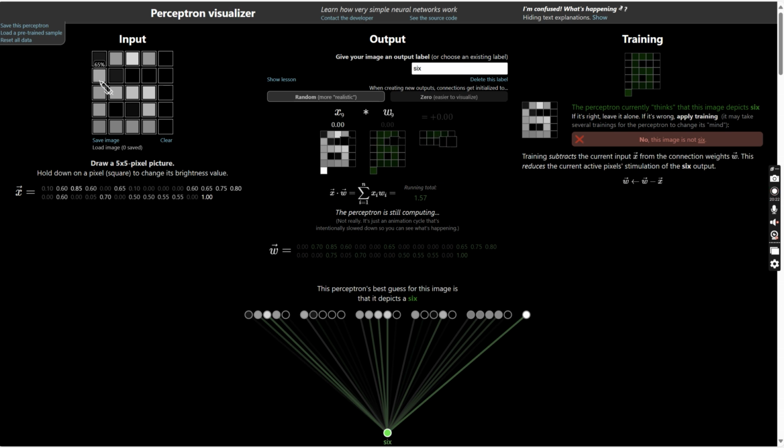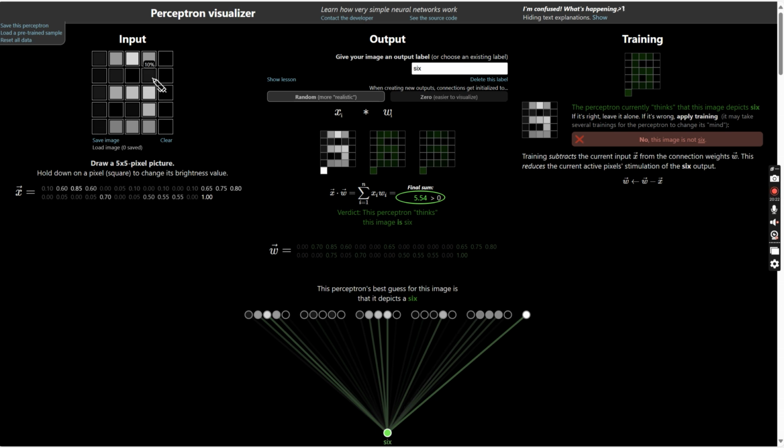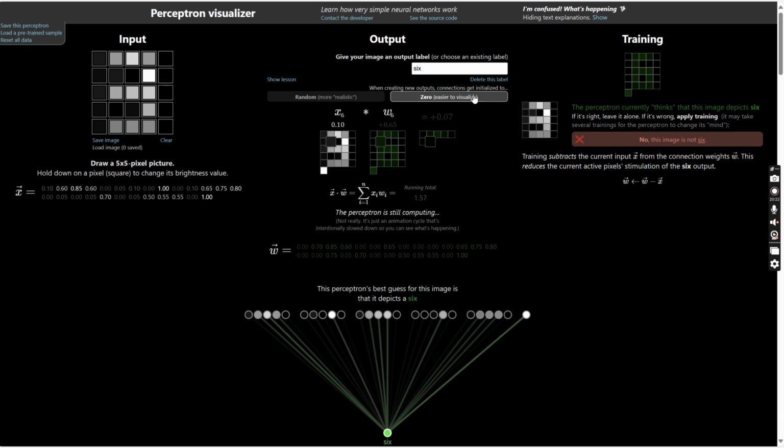So we can modify this a little bit. Okay, and let's just say I will add a value here. Now this is not 6, this is 3. Okay, here you are initializing the connections to 0, so everything should be 0.